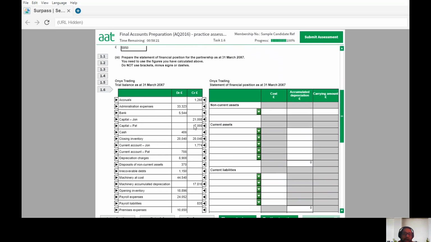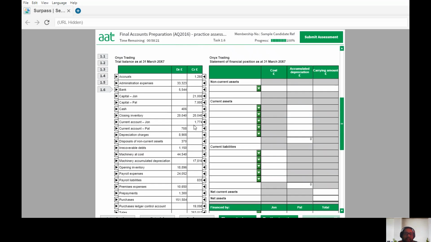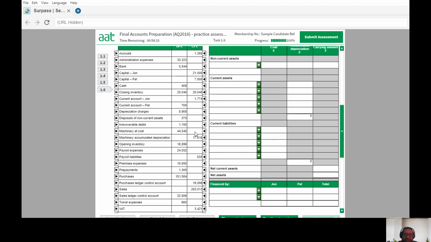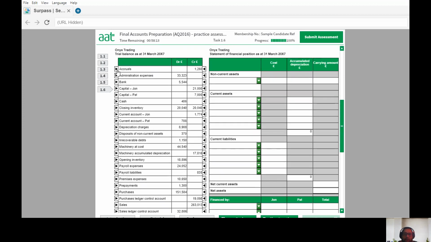Now let's go back in there and start filling in the missing information which we need to update our data with. So let's see what are the things you need in the statement of financial position. All your assets and your liabilities and capital will go there. Like accruals, bank, capital accounts, cash account, which you already found a combined answer for.